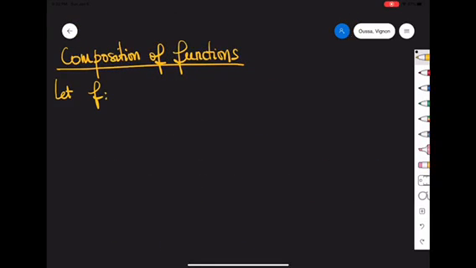Let f be a function between X and Y, and say g is a function between Y and Z. Be two functions.